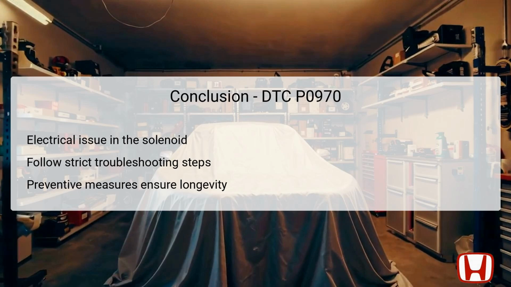Finally, implementing preventive maintenance will not only help in prolonging the life of the components involved, but also enhance the overall reliability and safety of the vehicle. Being proactive in these areas can save time, money, and ensure a more enjoyable driving experience.